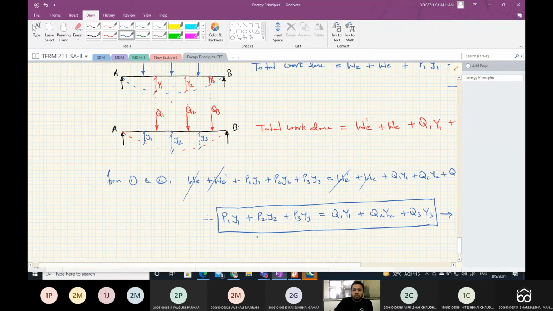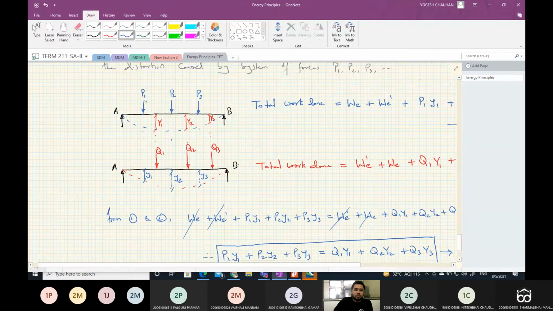So what it states is that the work done by the system of forces P1, P2, P3 is equal to the work done by the system of forces Q1, Q2, Q3. So work done by this system of forces will be P1 Y1 plus P2 Y2 plus P3 Y3, and work done by this system will be Q1 Y1 plus Q2 Y2 plus Q3 Y3.